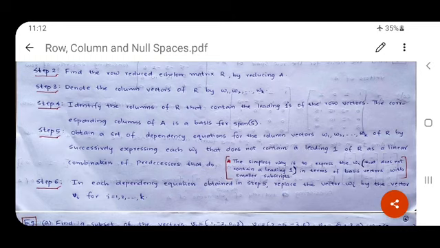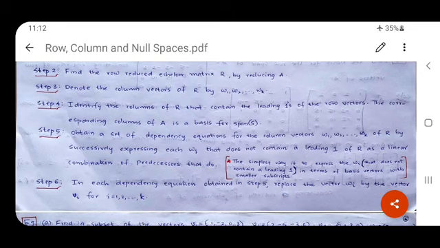So we express those columns of R which do not contain the leading ones as a linear combination of those columns having a smaller subscript.